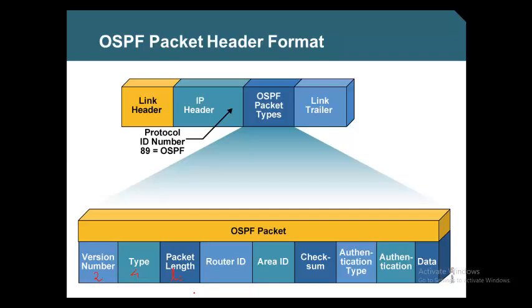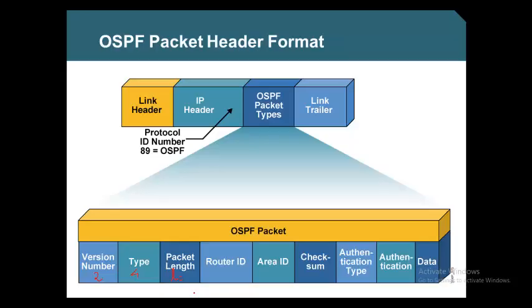Now that router ID comes with every packet saying this hello is coming from this router, this DBD is coming from this router, this type 4 update packet is coming from so and so router. So the DBD or LSR or LSU or hello or acknowledgement, they always come with router ID. That is to tell the receiving router from whom you are receiving this.